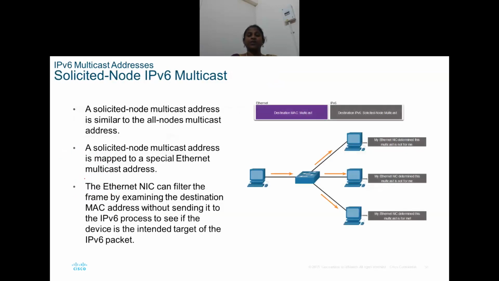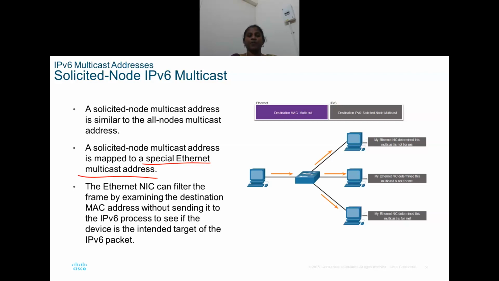Now, a solicited node IP version 6 address is similar to the all node multicast address, and it is mapped to a special Ethernet multicast address.